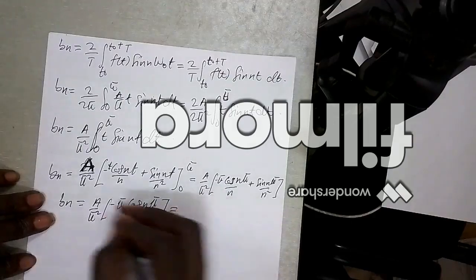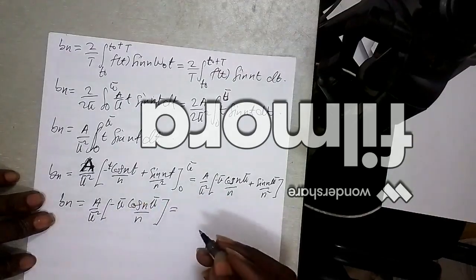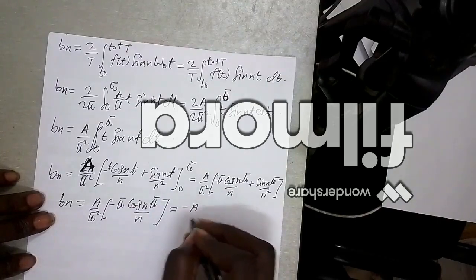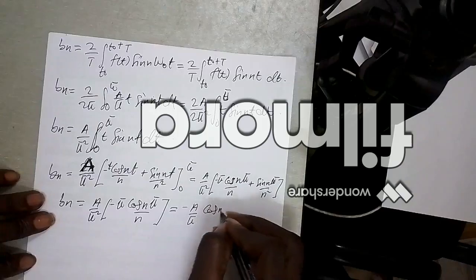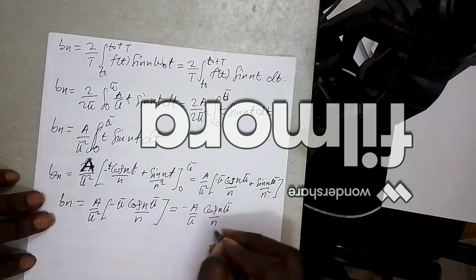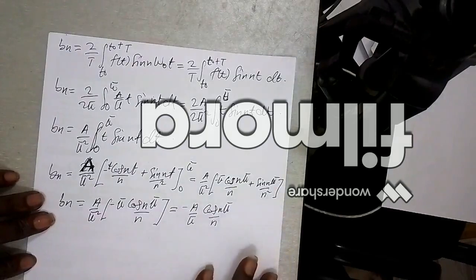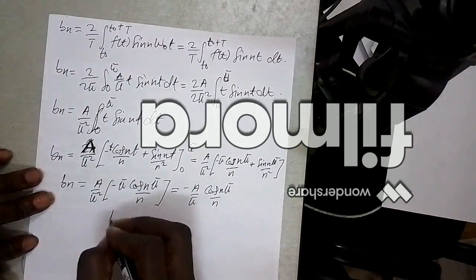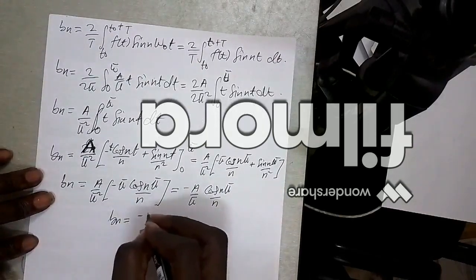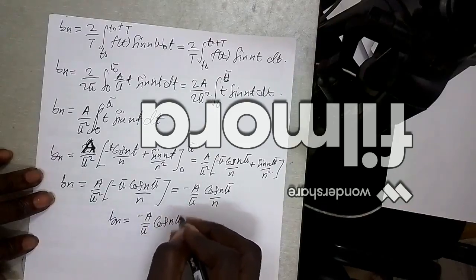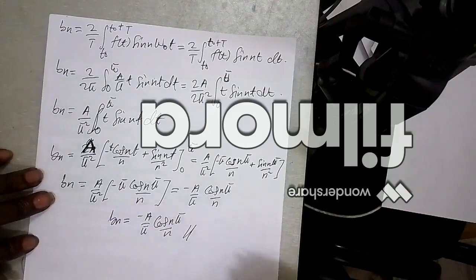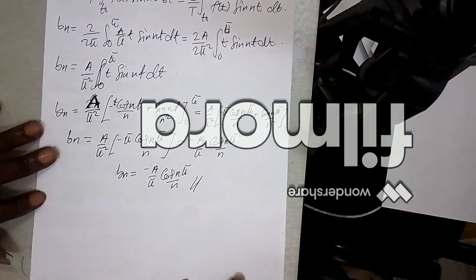If you simplify further, it cancels out, so you have minus a over pi, cos n pi over n. So this is our bn. We can say that bn is equal to minus a over pi cos n pi over n.